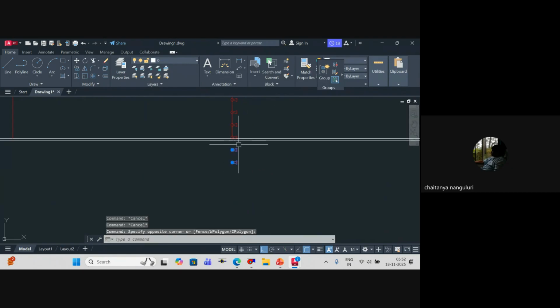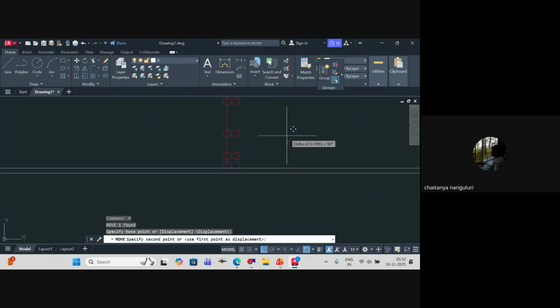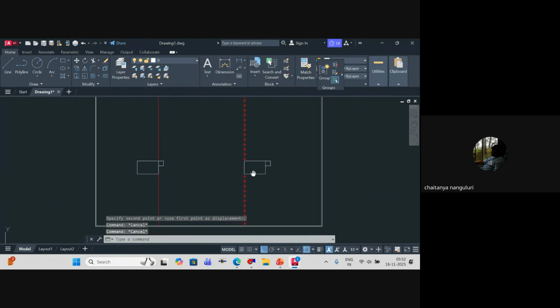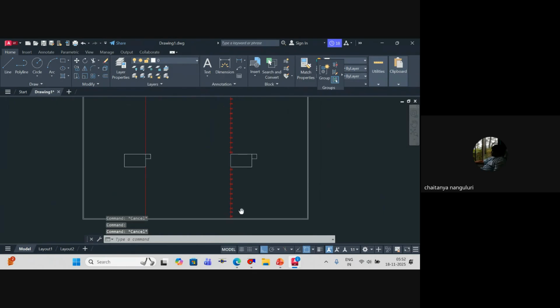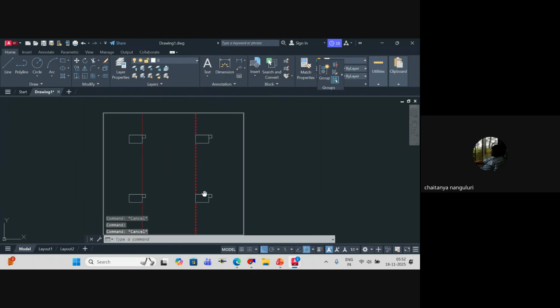Let's see, this I'll probably do. I don't want 2 meters, that's just fine. So place the number of nozzles here. So now this is the total nozzles we have got.